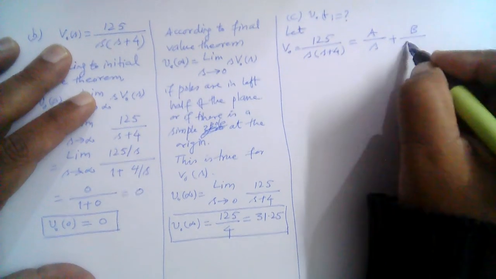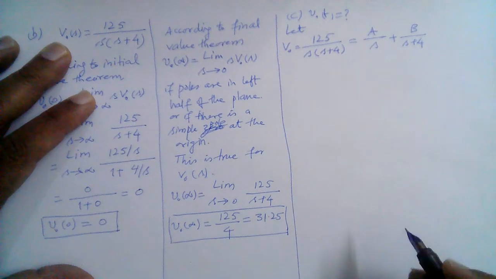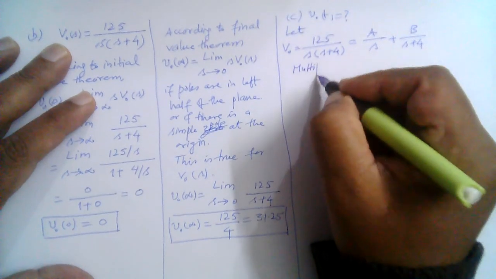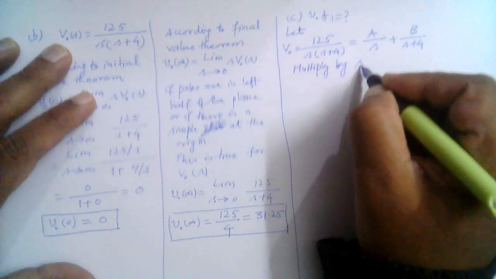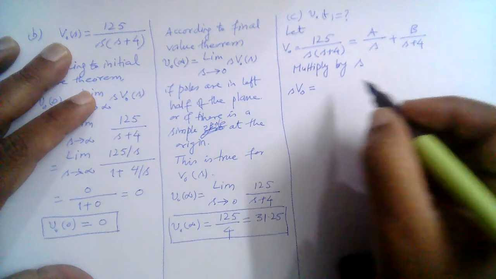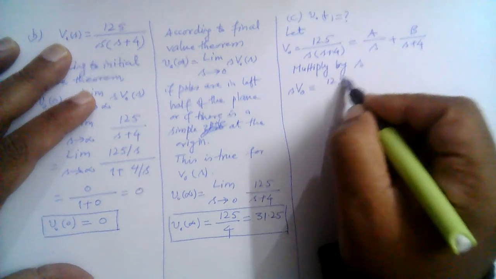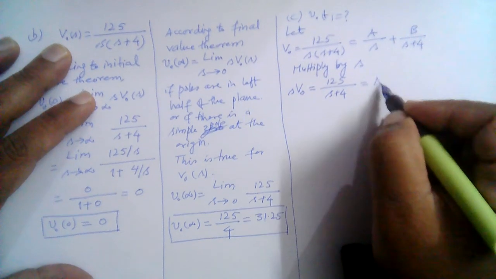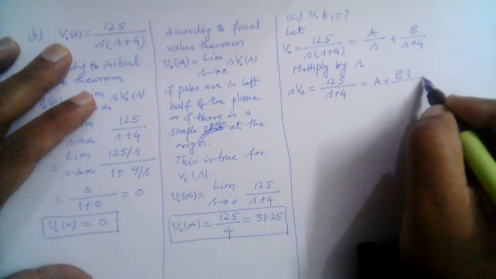over s plus 4. So if we multiply throughout by s, this will give us s V naught is equal to 125 over s plus 4 is equal to a plus bs over s plus 4.